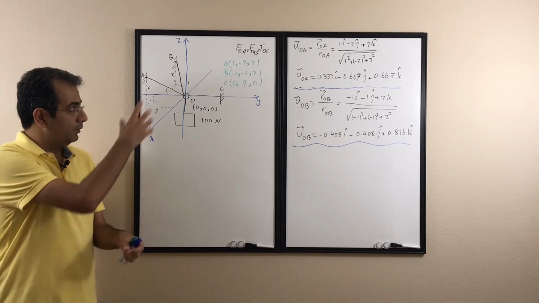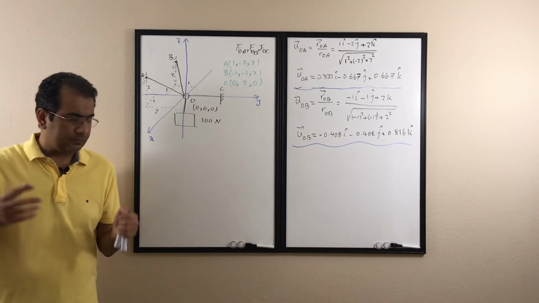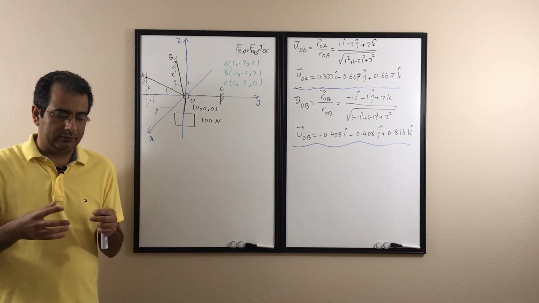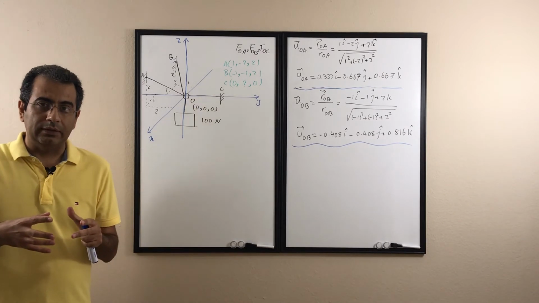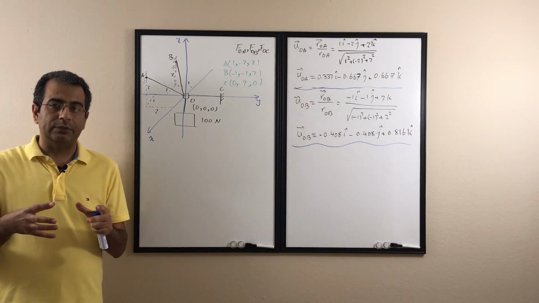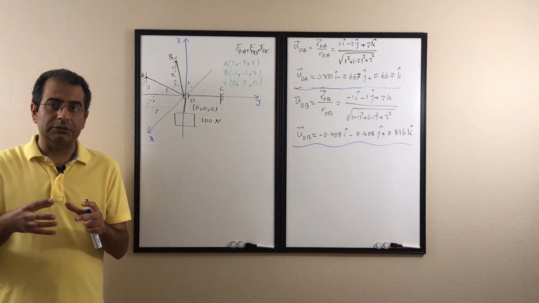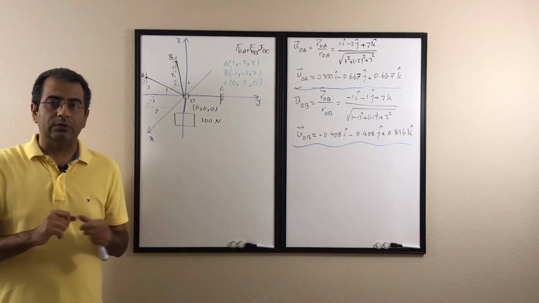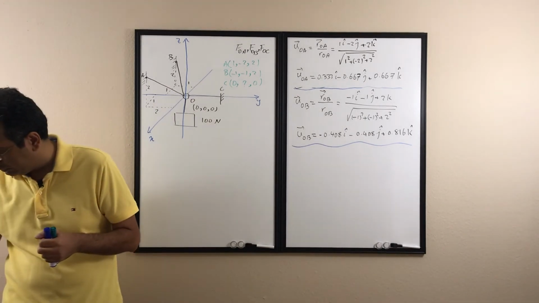So one more time, for 3D, we draw the free body diagram, draw all the external forces acting on it, find all the forces in 3D Cartesian format, and then add all the forces together.